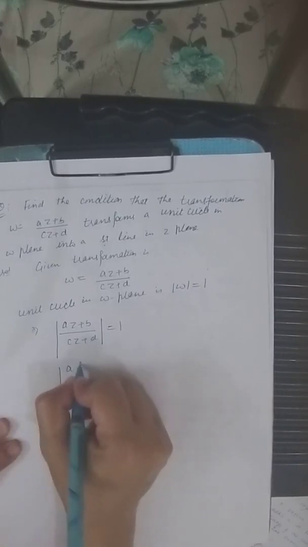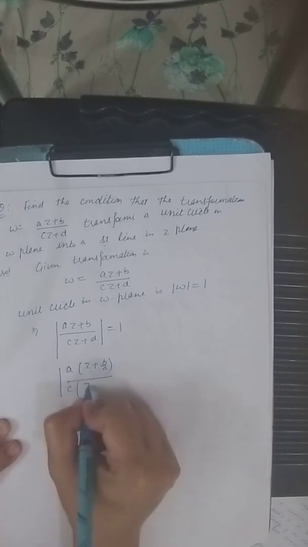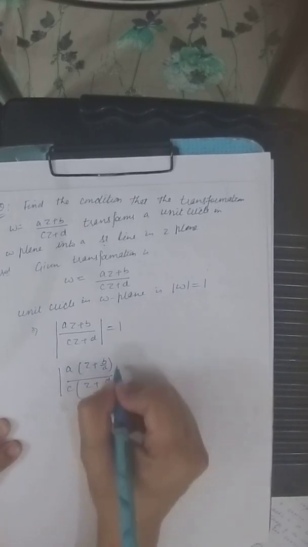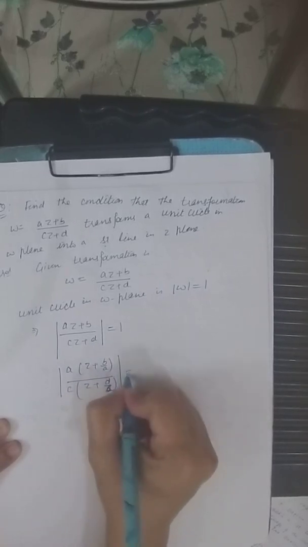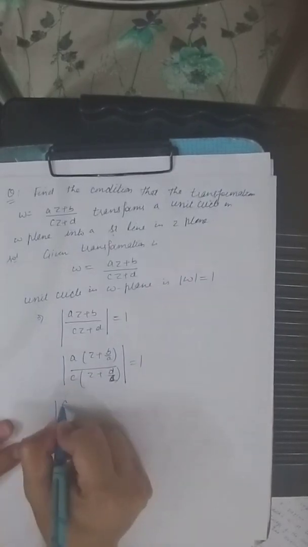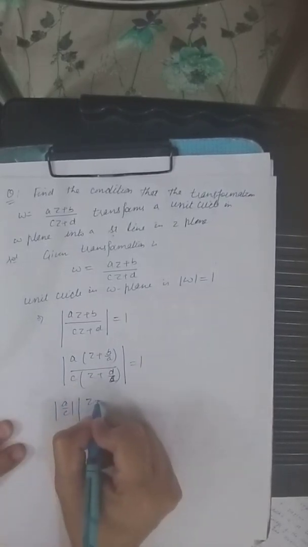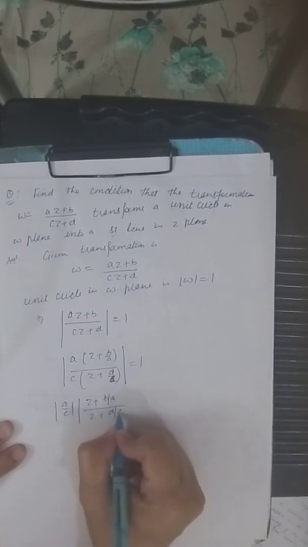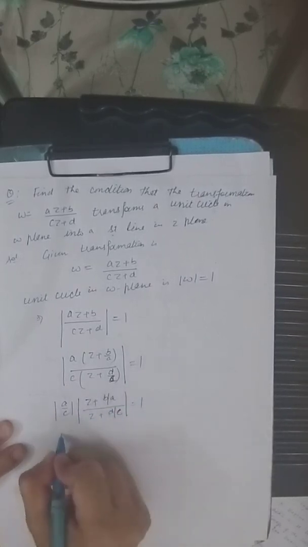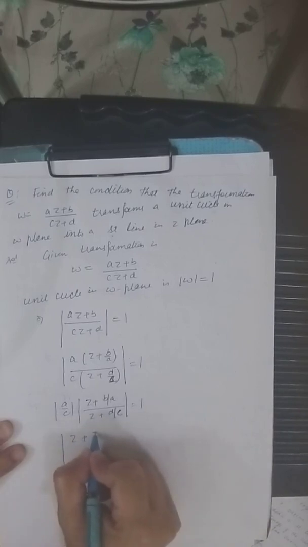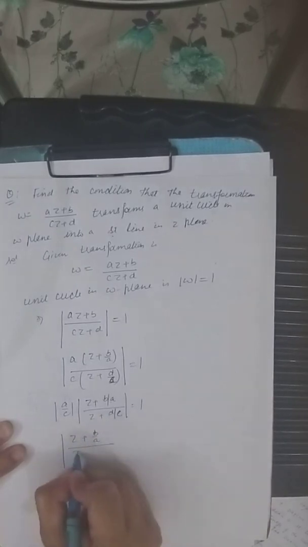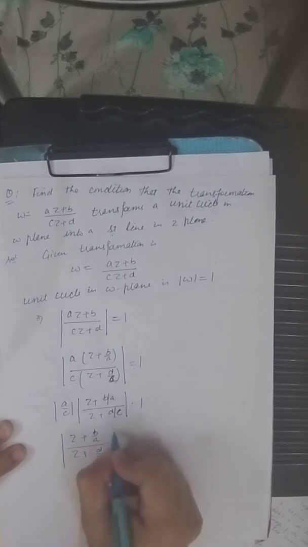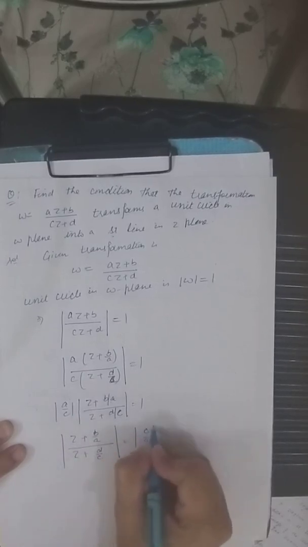Take out A common, Z plus B over A, take C common, Z plus D over C, equal to 1, that is mod A over C times (Z plus B over A) over (Z plus D over C) equal to 1, that is mod of (Z plus B over A) over (Z plus D over C) is equal to mod C over A.